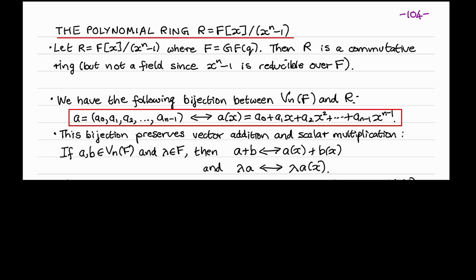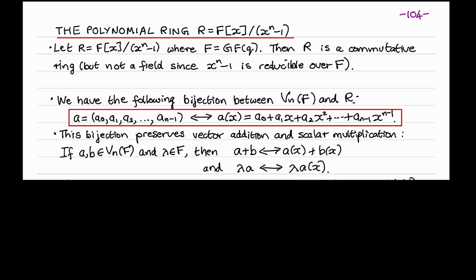For any two vectors A and B, when you add them together, the addition is component-wise, while if you add the associated polynomials together, the addition is coefficient-wise. So this bijection associates the vector A plus B with the polynomial A of x plus B of x.